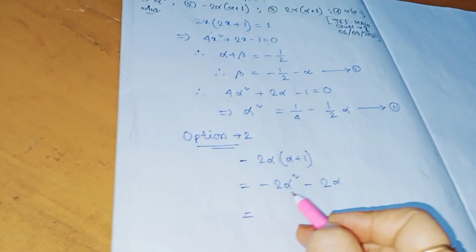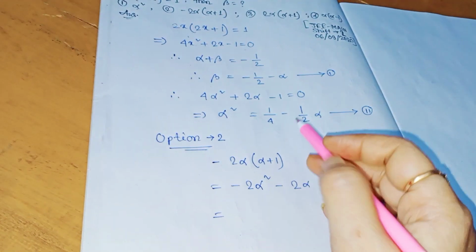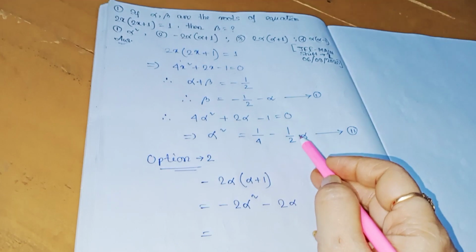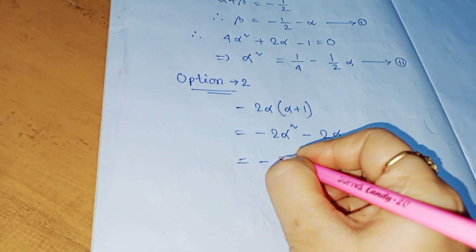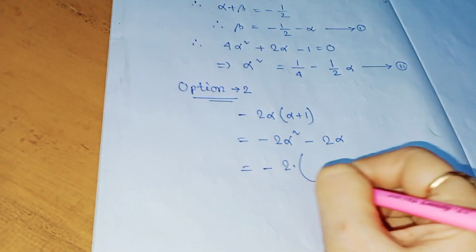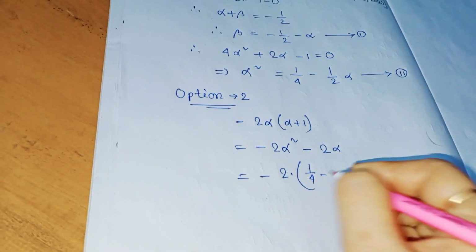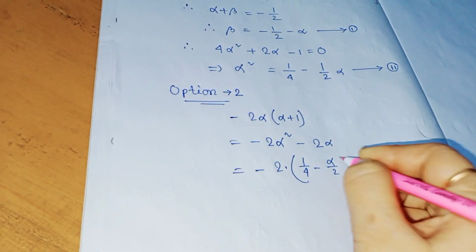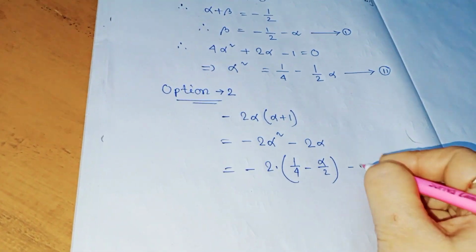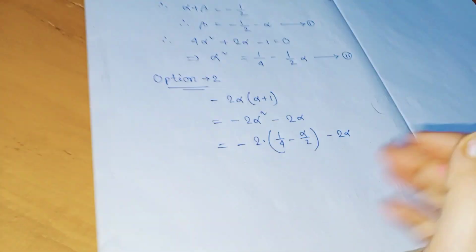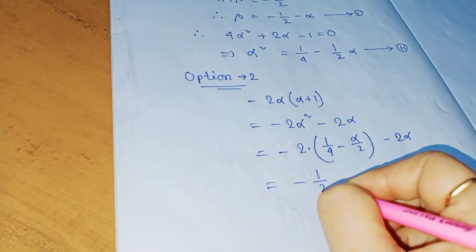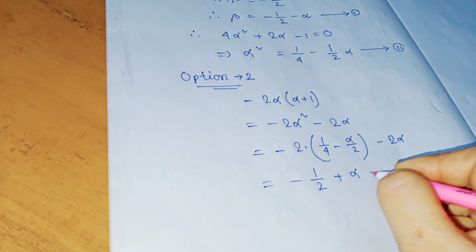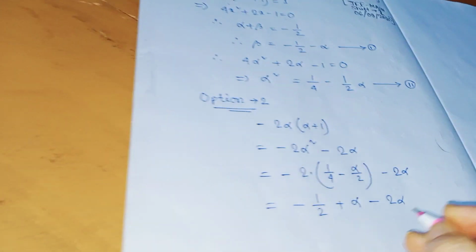And now putting the value of alpha square is equal to 1 by 4 minus half of alpha, we get minus 2 into 1 by 4 minus alpha by 2, and minus 2 alpha. So it becomes minus 1 by 2 plus alpha minus 2 alpha.